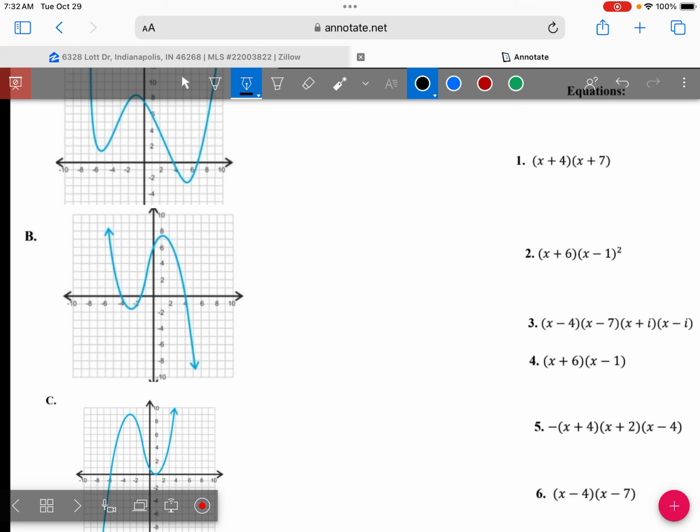All right, so let's look at question B. So we know that we have 3 x-intercepts.